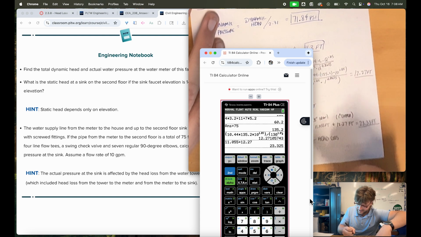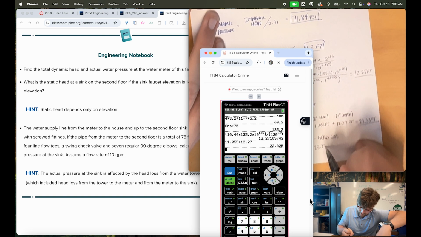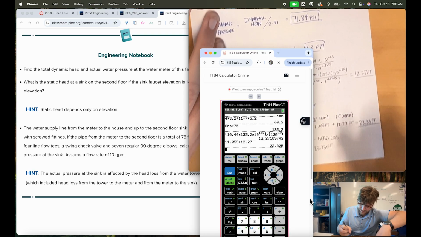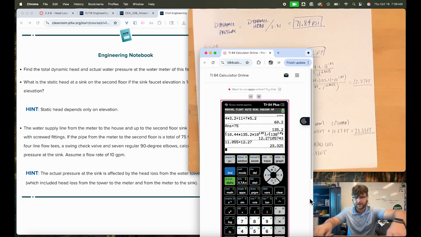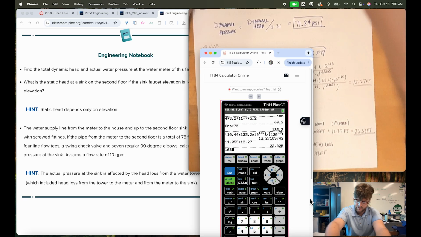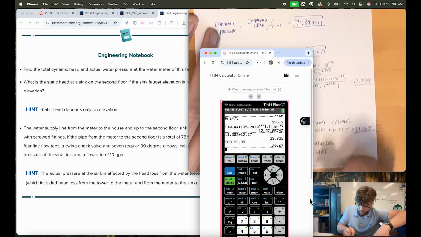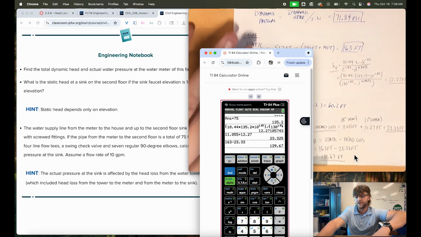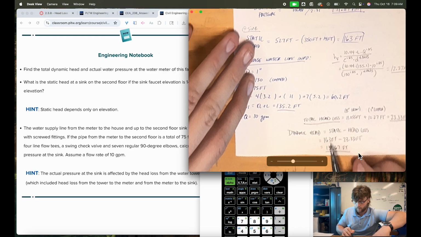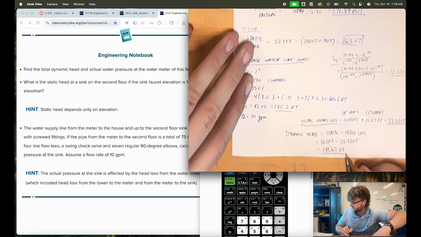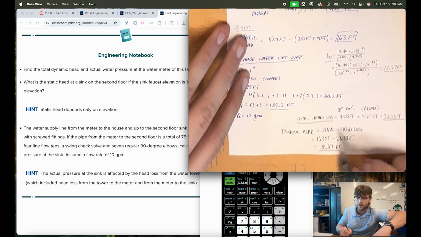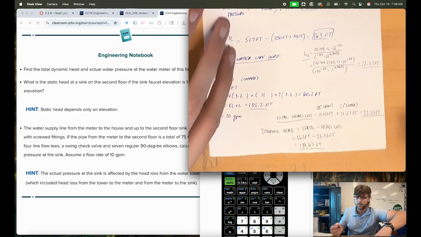And then we want to minus the amount of head loss, which is going to be 23.33 feet. So now we have 163 minus 23.33. So now we got 139.67 feet of water. So that's the actual pressure that we're dealing with there, 139.67 feet.